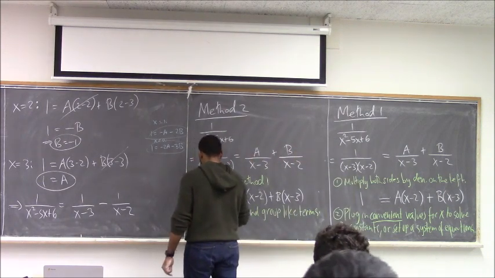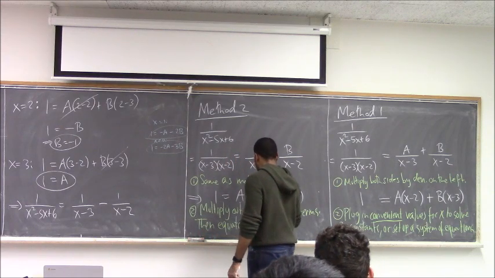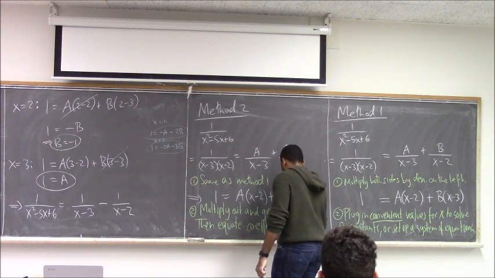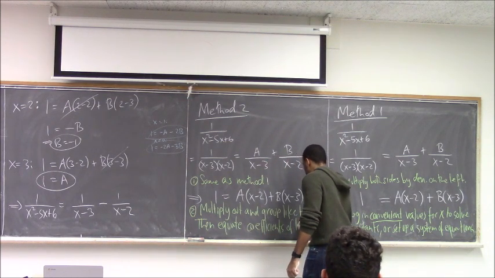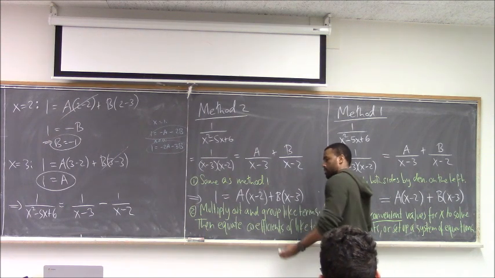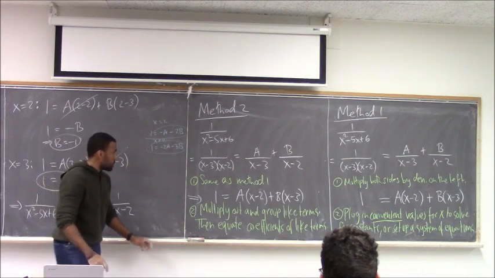Then what you're going to want to do is equate coefficients. It's also a very common phrasing that you'll hear: equate coefficients of like terms. We use that phrase all the time to mean this sort of process.